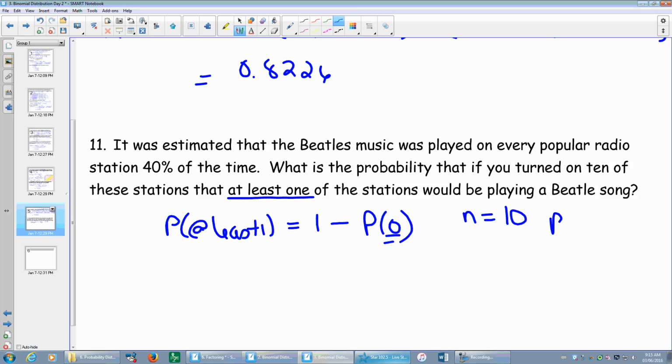What is the probability of success, Johnny? 0.4. And my probability of failure? 0.6. So David, when I set this up, what do I write?